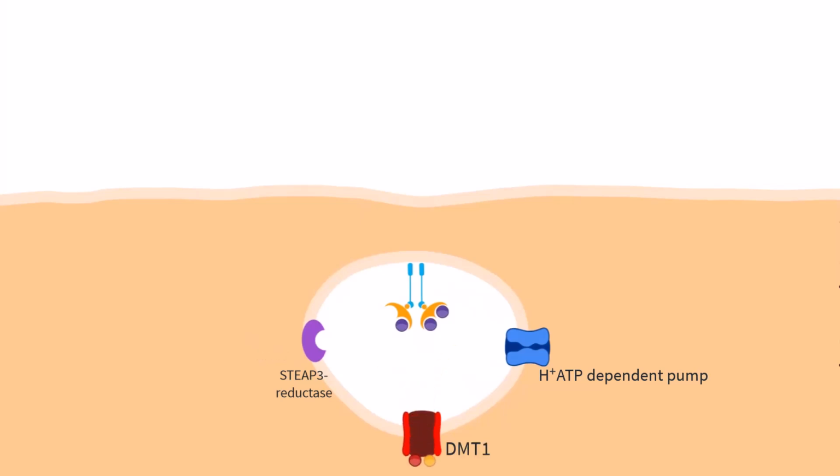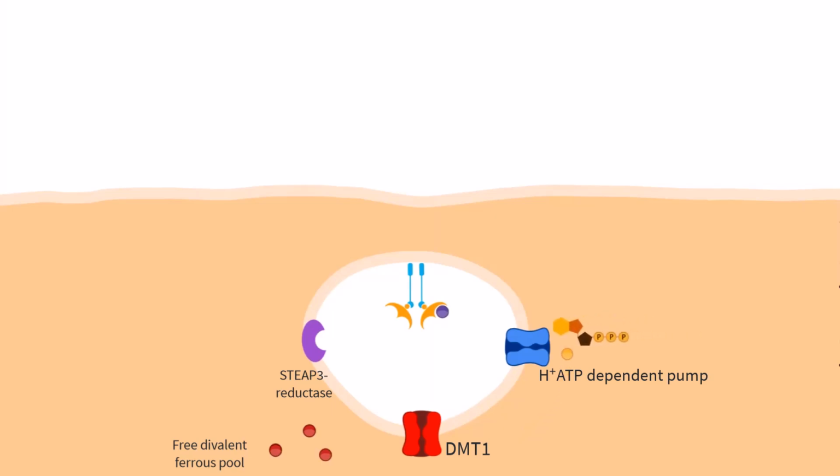Ferrous ions and hydrogen ions are transported from the endosome to the cell cytosol by the DMT1 transporter, similar to the DMT1 transporter on the apical side of enterocytes.